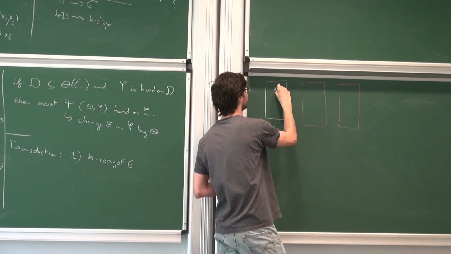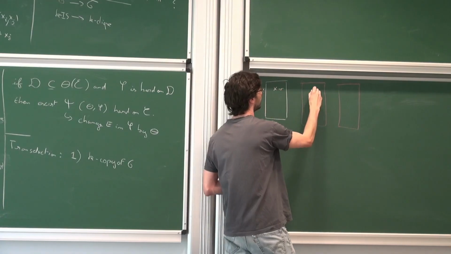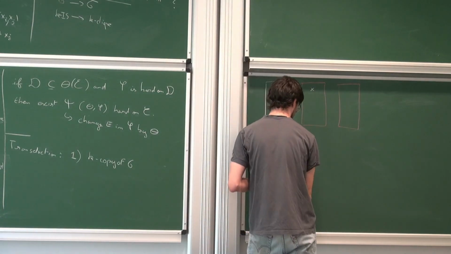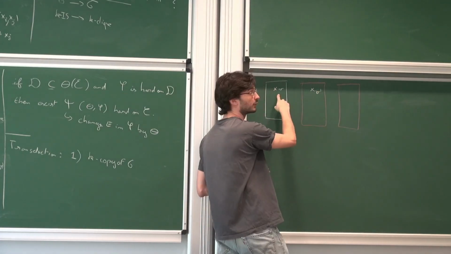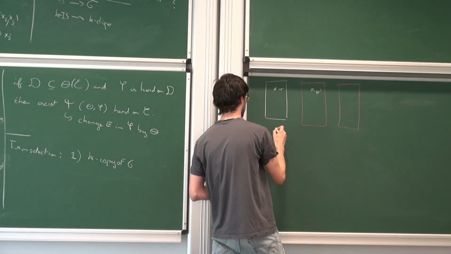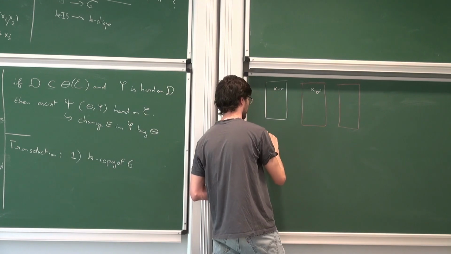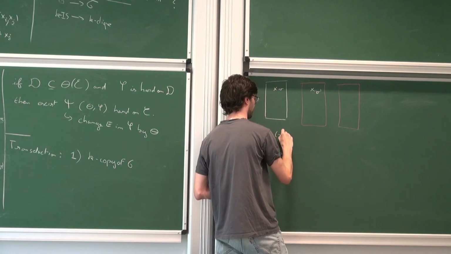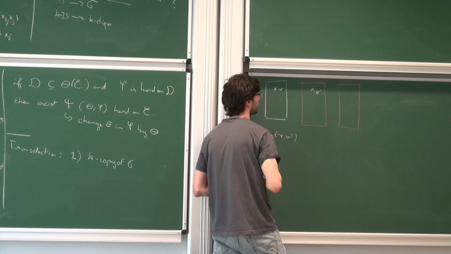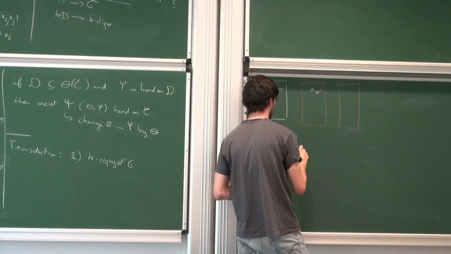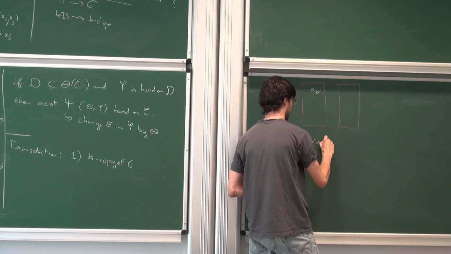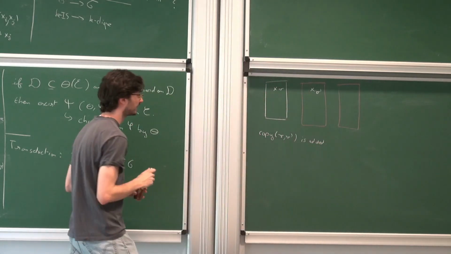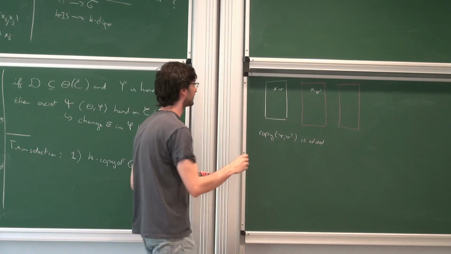So for each vertex V, we can know if V prime is the copy of V. But otherwise, it's a disjoint union of paths.